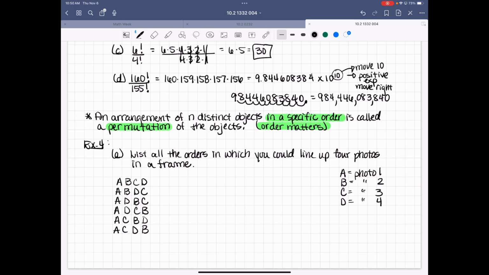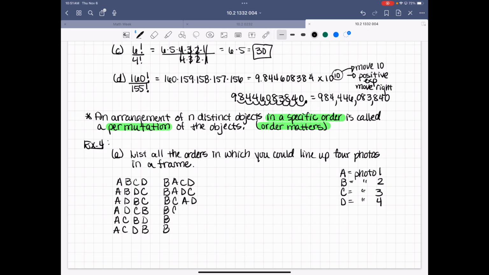Okay, so that's with the first one there. All right, so we're going to have 6 with B. I'm just going to go ahead and write that down. All right, so I could have BACD. I could have BADC. Well, I could have BCAD.